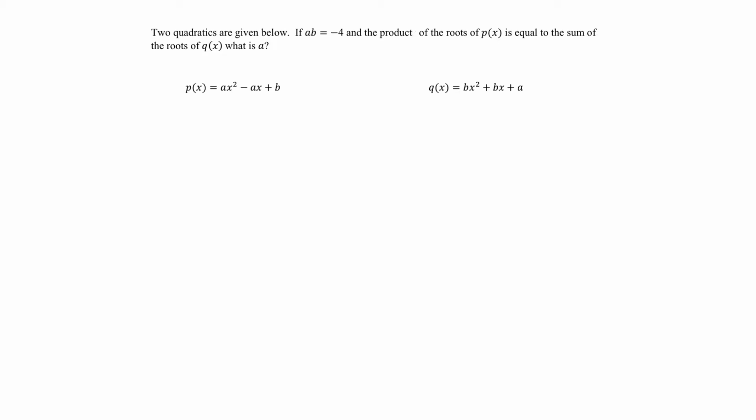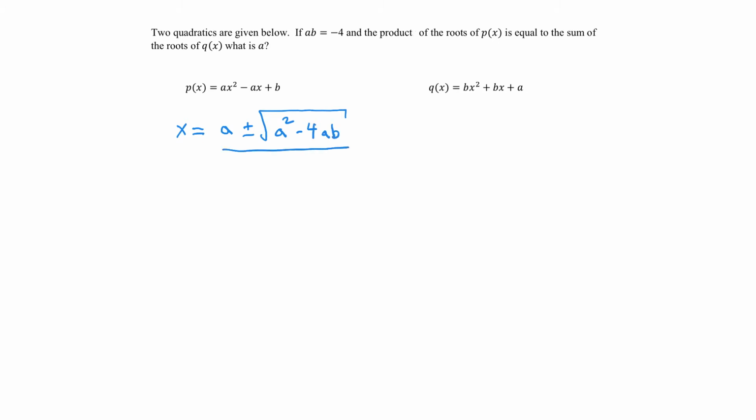So first, minus the middle coefficient, so we would have for p, x equals a, and then plus or minus the square root of minus a squared, which is a squared, minus 4ab.